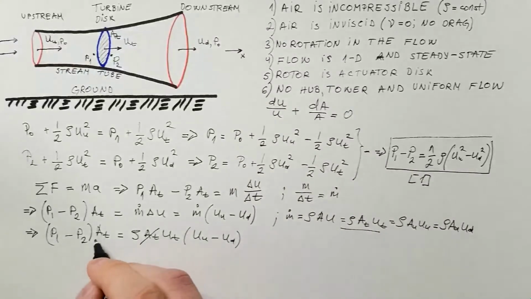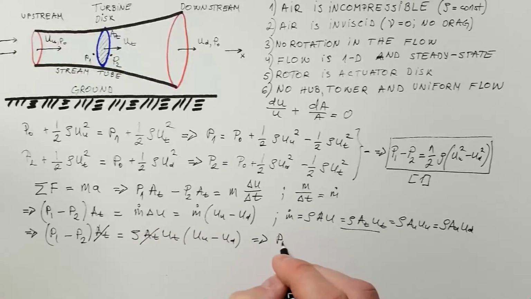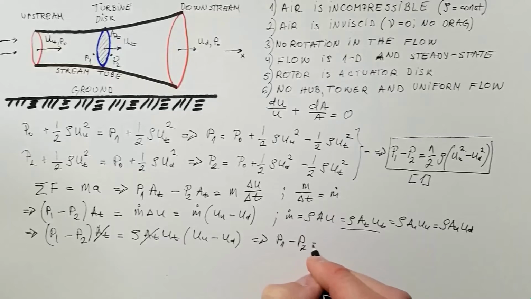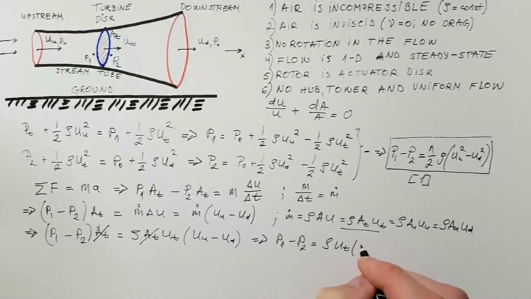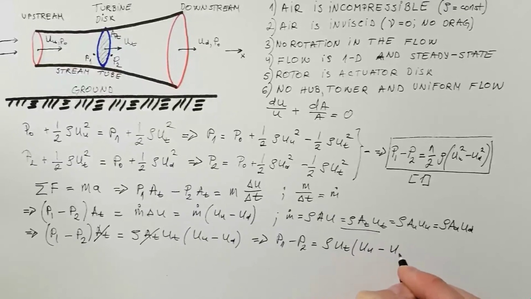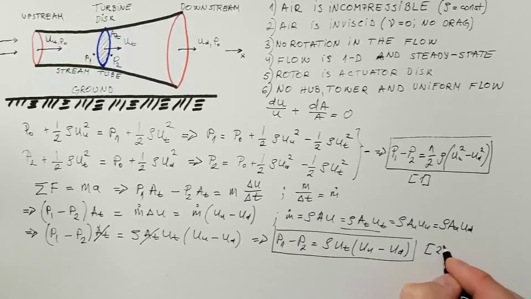Notice that AT and AT cancel, and I get that P1 minus P2 is equal to rho UT times UU minus UD. And let's call this equation number 2.